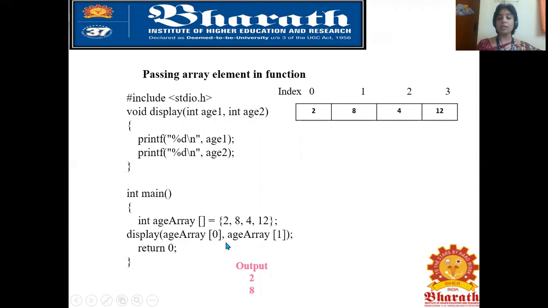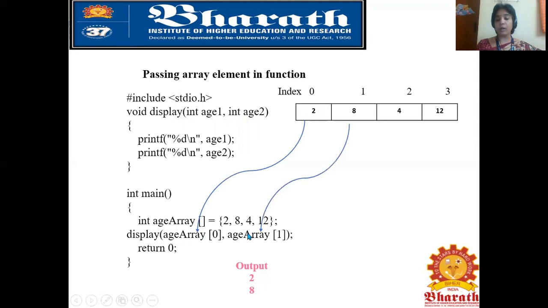When we pass the array name with a subscript to the function, the values are going to be passed. For example, in this case, age array of 0. Here the subscript represents the first element. So the first element of this array is going to be passed into the function.